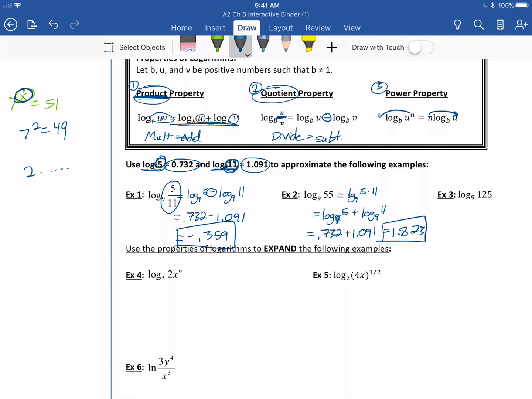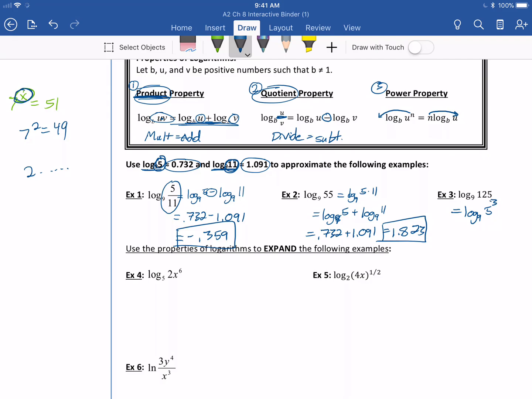All right. The next one is example 3. It says log base 9 of 125. This one's a little bit different because I need to know a couple different things. I can't take 5 times 11 to get 125. But if I look at that, I can take 5 times 5 times 5 to get 125. So what we have here is log base 9 of 5 cubed is 125.